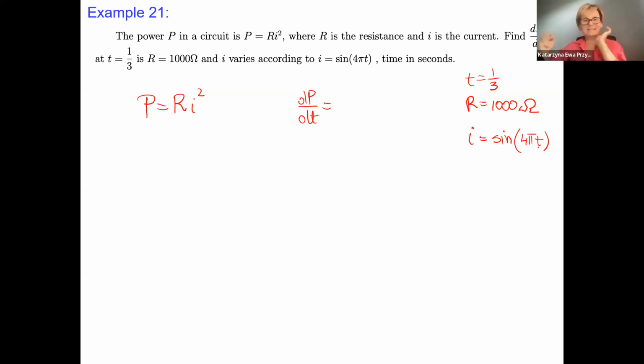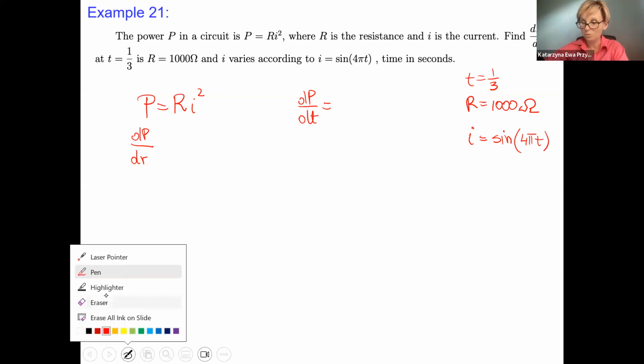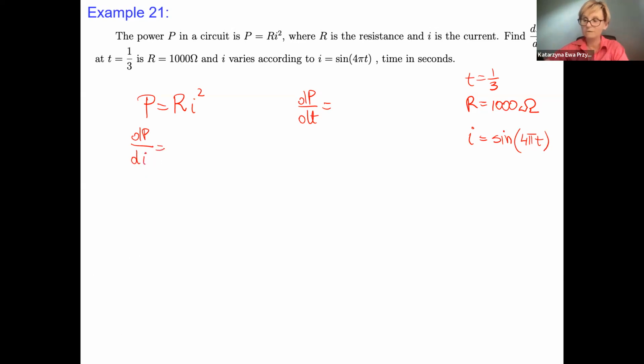Normally this would be the derivative of the power with respect to I. I can also say P prime, but prime is not giving us more detail.